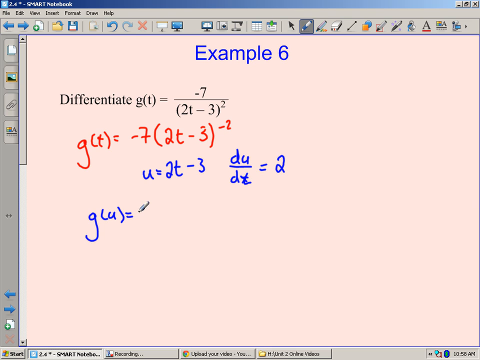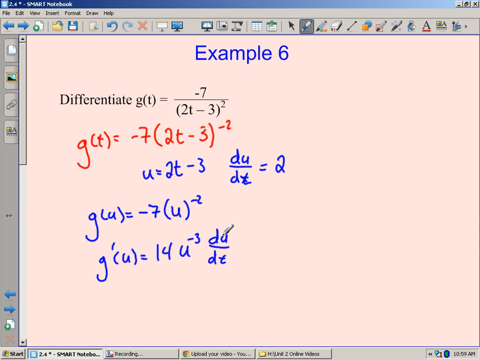So now I can follow my chain rule, which says take the derivative of this function and then multiply it by the derivative of u. So g prime of u would be -2 times -7, which is +14. Reducing the power by 1 gets me -3. So I have 14u to the -3, and then I have to multiply it by the derivative of u with respect to t, which is 2 in this case.